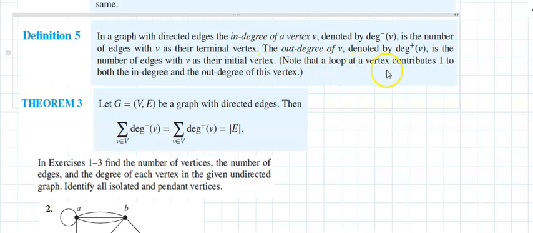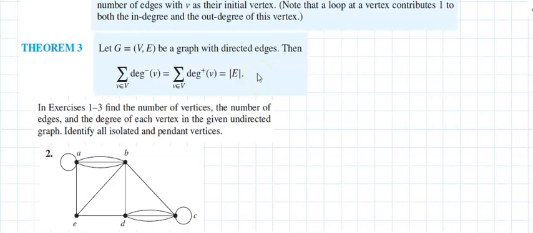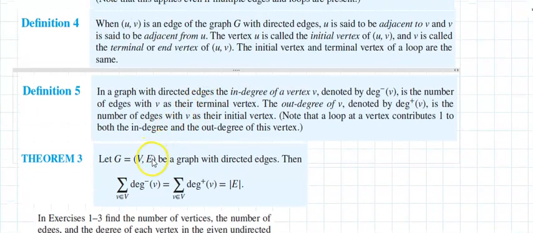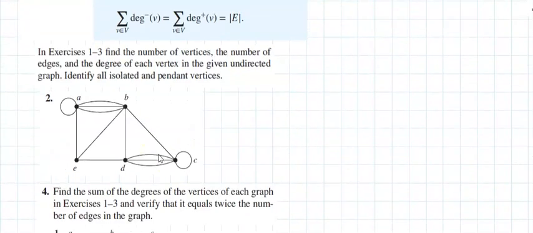Note that a loop at a vertex contributes 1 to both the in-degree and the out-degree, so it counts for coming in and going out. In any graph with directed edges, the sum of the in-degrees must equal the sum of the out-degrees, and that's going to equal the number of edges.